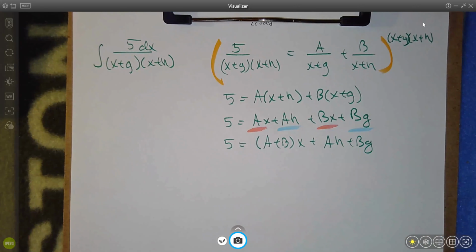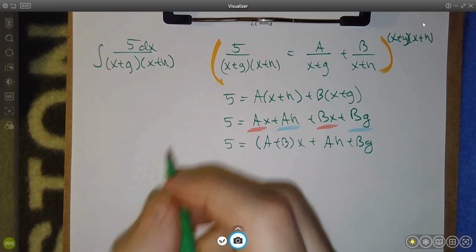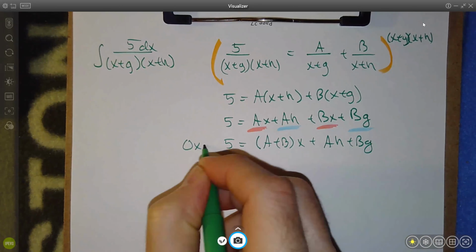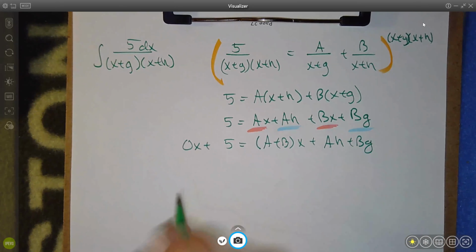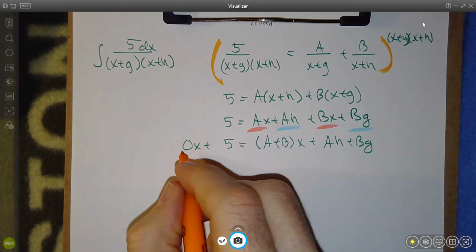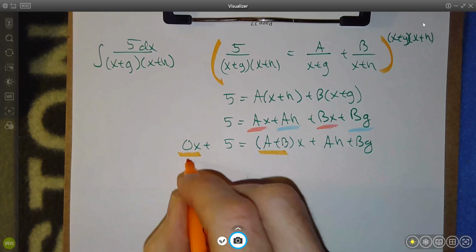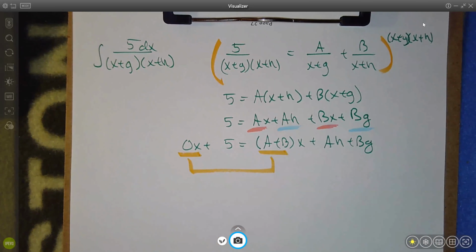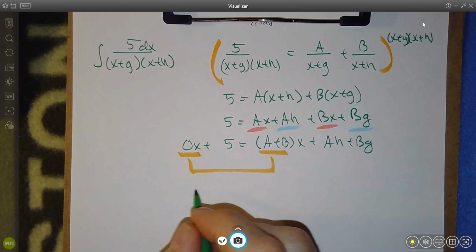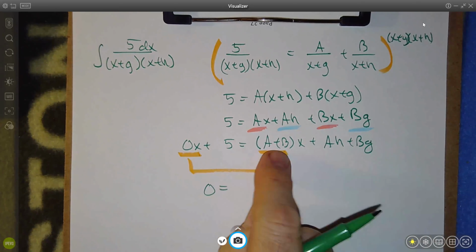Well, let's see if we can't come up with a couple of equations here. Yeah, I think we can, because we've got 0x here. So that gives us an equation right away. 0 equals a plus b.